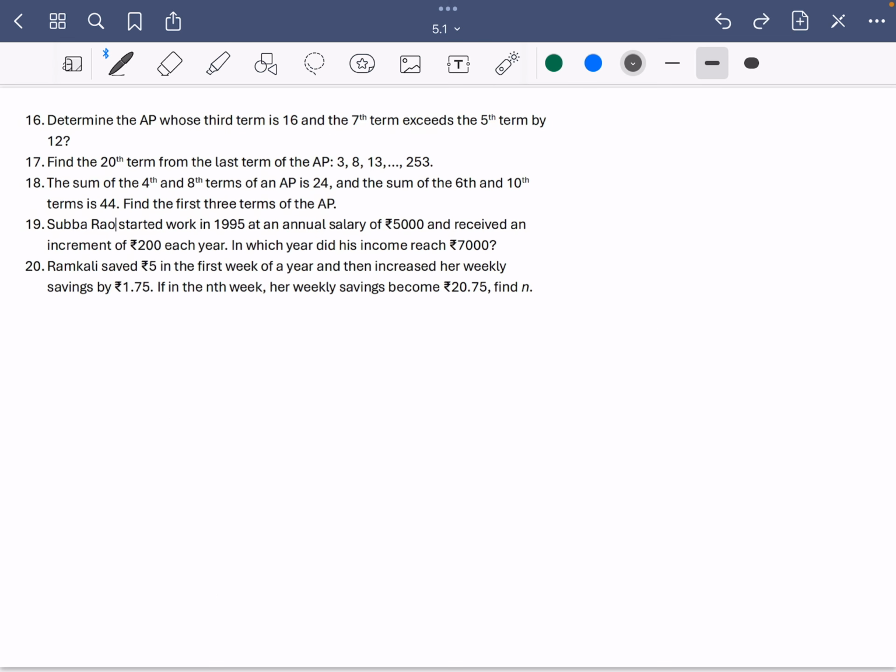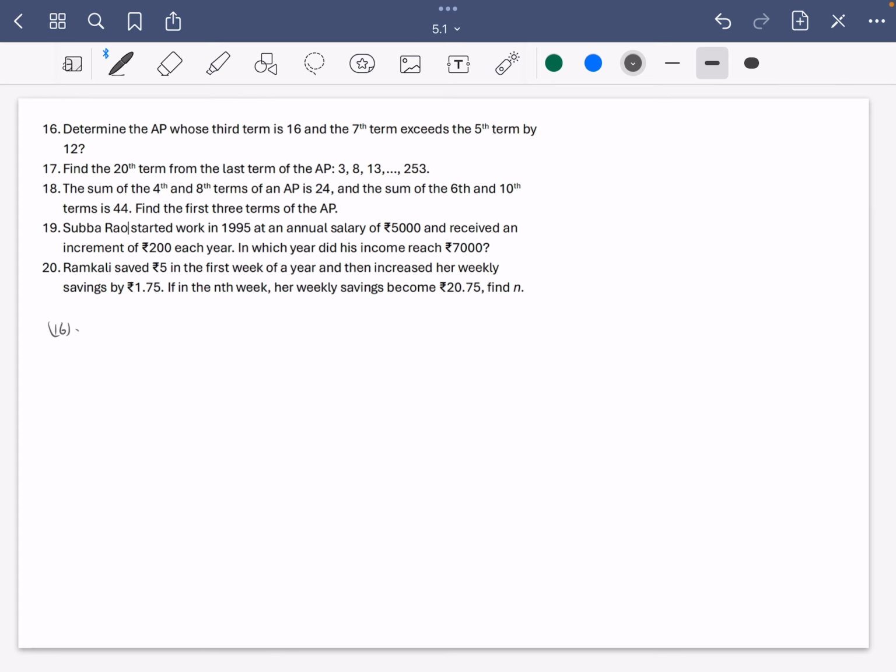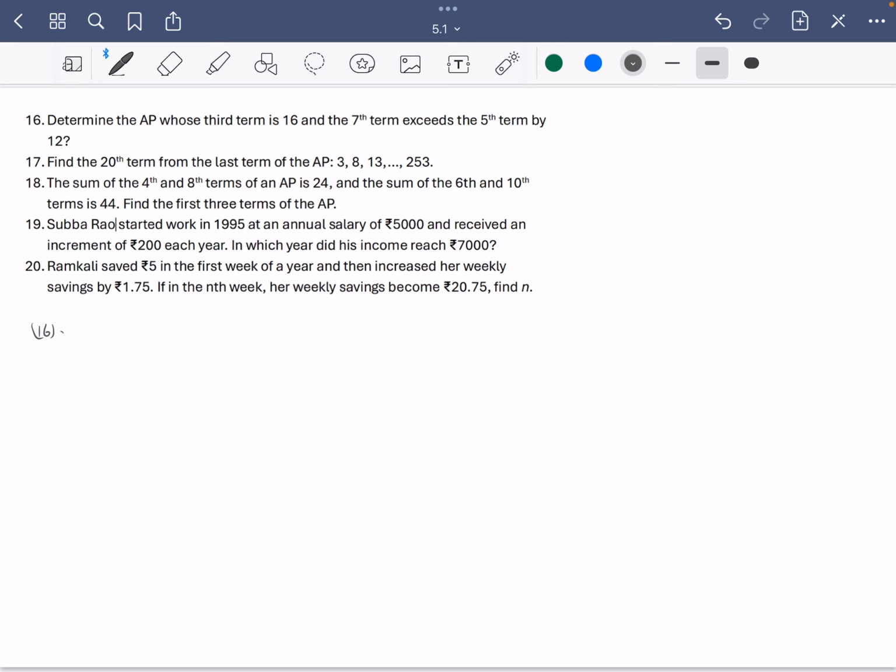Determine the AP whose third term is 16 and the seventh term exceeds the fifth term by 12. Question number 16. Determine the AP whose third term is 16. a3 is 16 and the seventh term exceeds the fifth term.